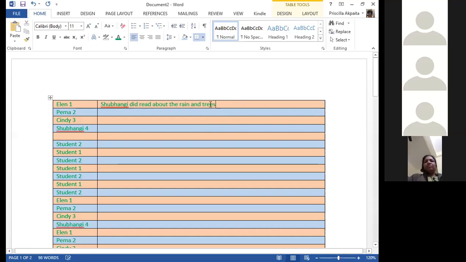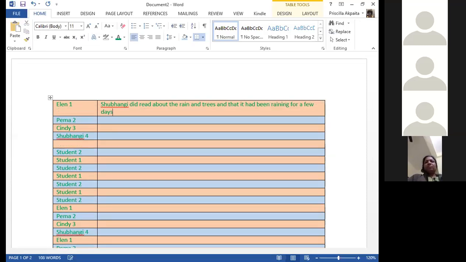Rain and trees, and that it had been raining for a few days.